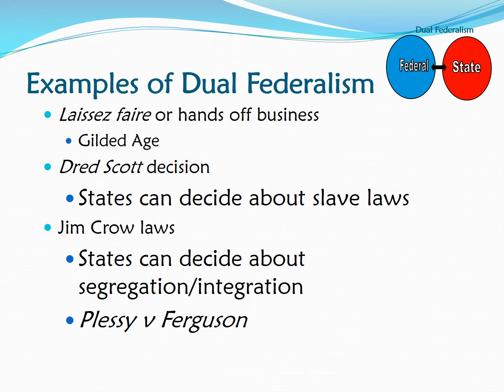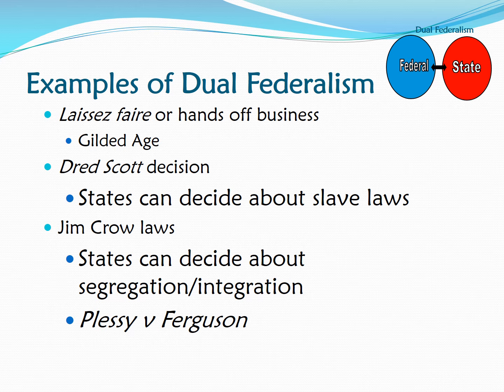So here are some interesting historical examples to give you some historical context of what this meant. What does dual federalism look like in real time, or rather in terms of real examples? One great example of dual federalism was this policy of laissez-faire, or hands-off.